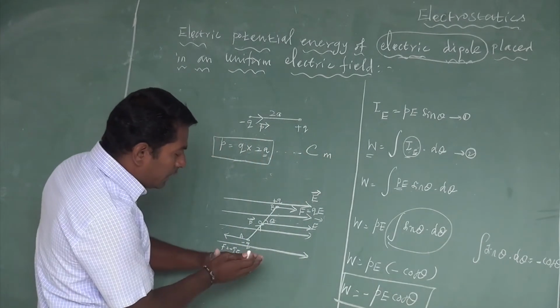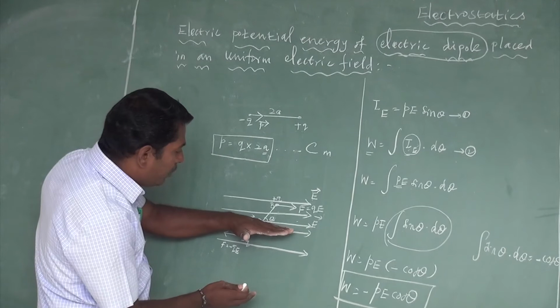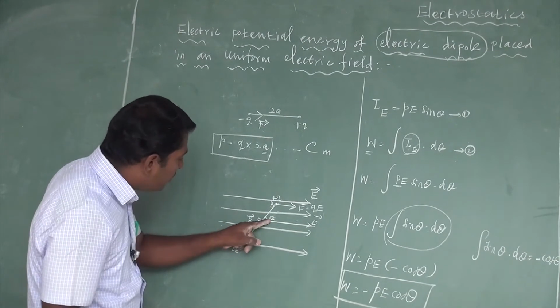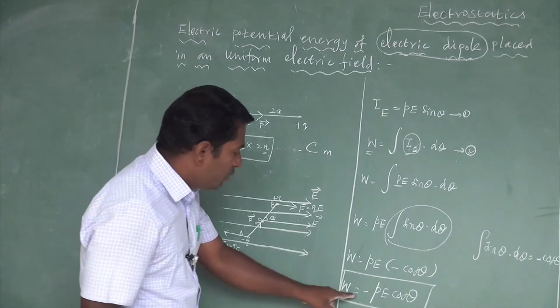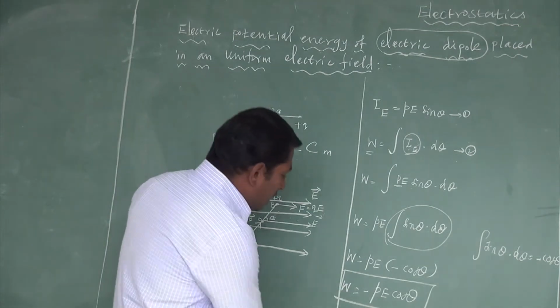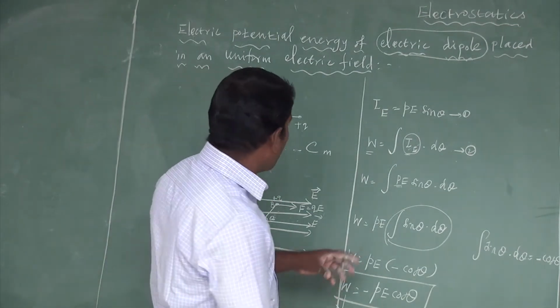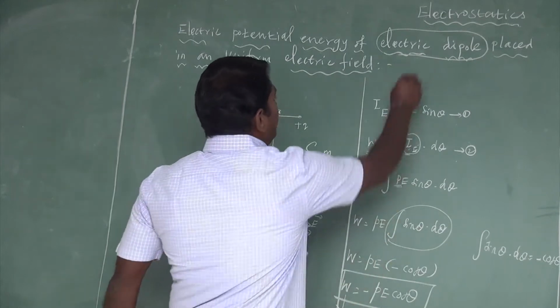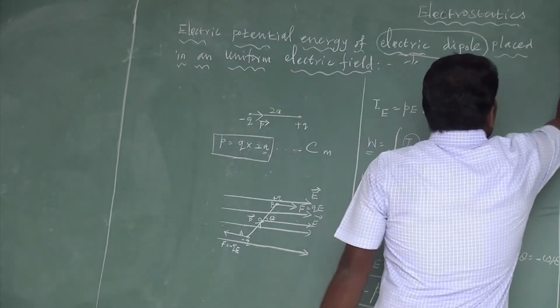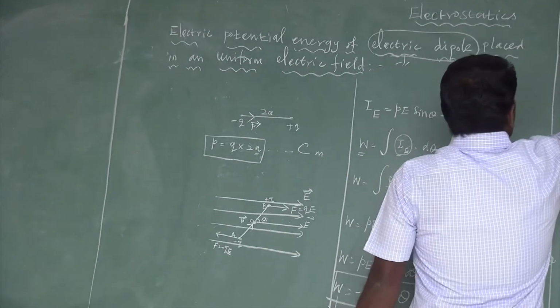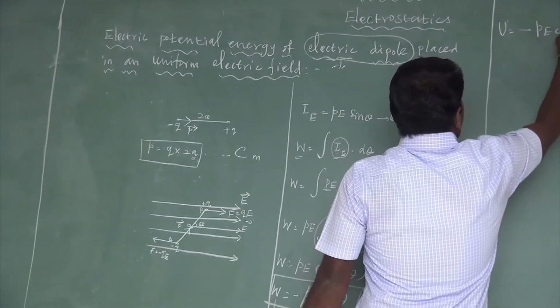This amount of work done to rotate the electric dipole in a uniform electric field to the desired position with an angle theta, W is equal to minus pE cos theta. That work done is stored as the electric potential energy of the electric dipole, U is equal to minus pE cos theta.